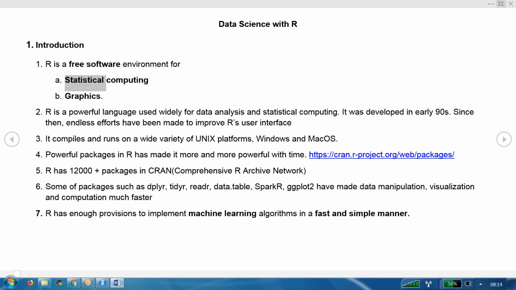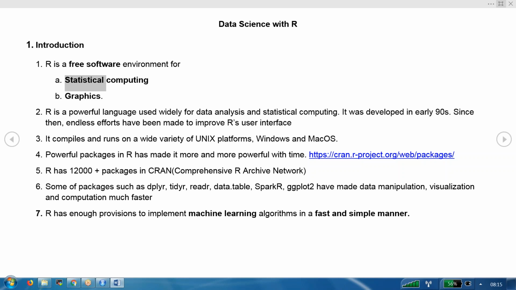That is the reason that in normal education like graduation you may not have R, so people are not showing interest in it. But whatever Python can do, all the activities can be done by the R language. In fact, statistics is the one area where R can do more than Python.